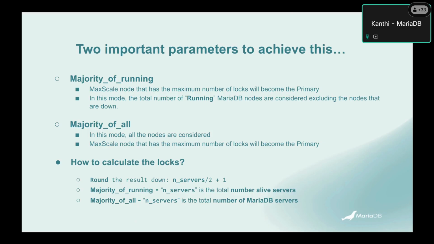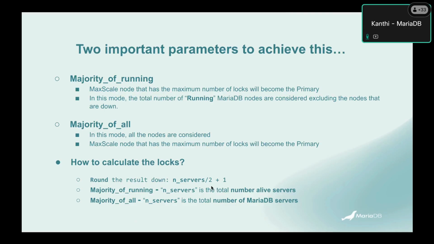For majority of running, n servers is the total number of alive servers. But in the next parameter you see in the middle of the screen, majority of all, what does it mean? Irrespective of the node's status, whether it is up or down, we count it as one node. So any number of nodes you initially configure, you calculate that as the number of servers, and based on the same formula, you identify the number of logs for each MaxScale.